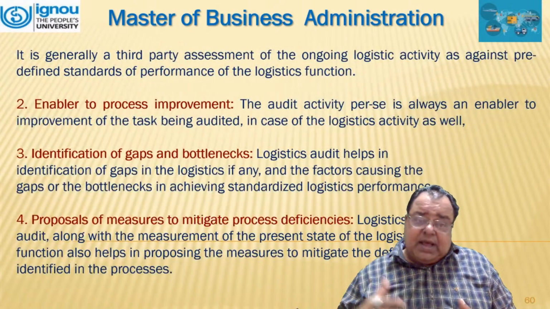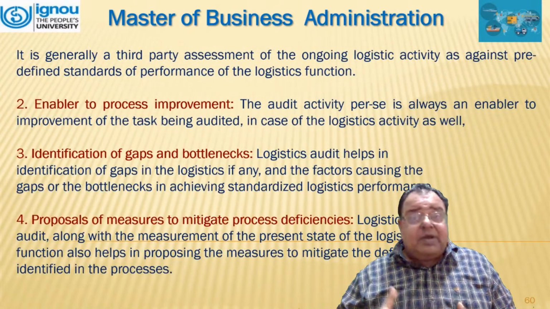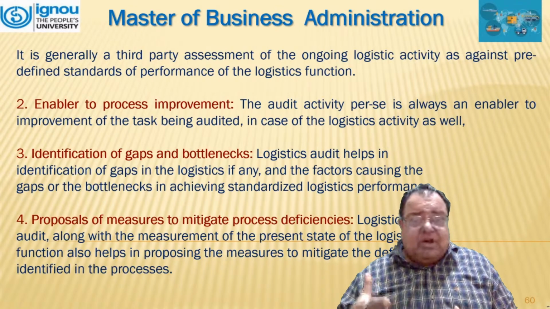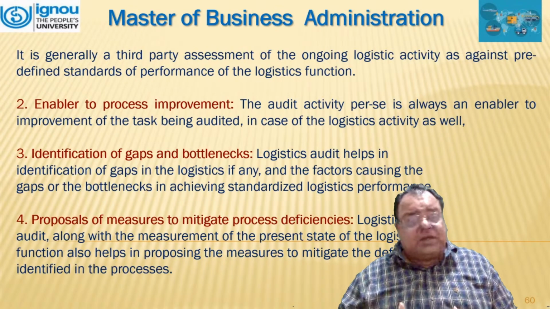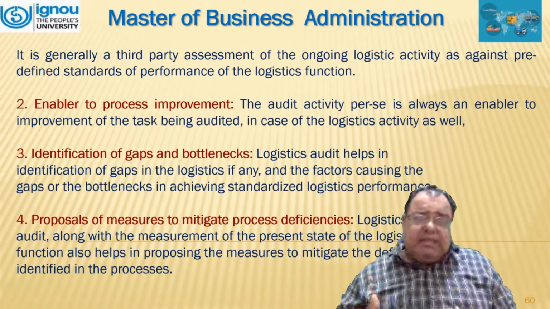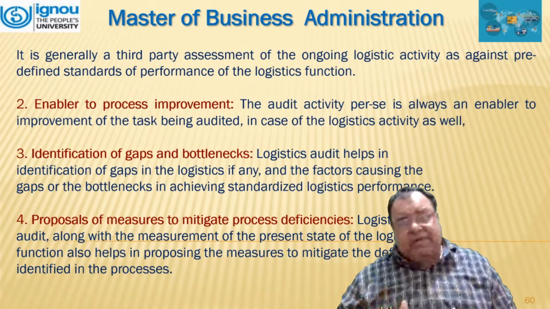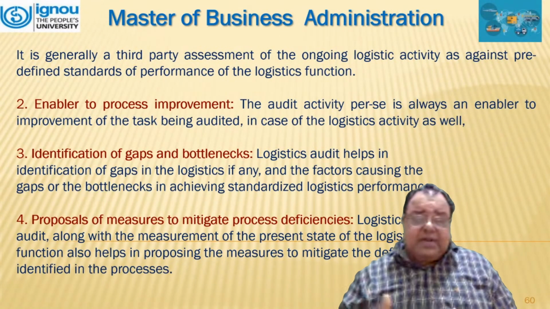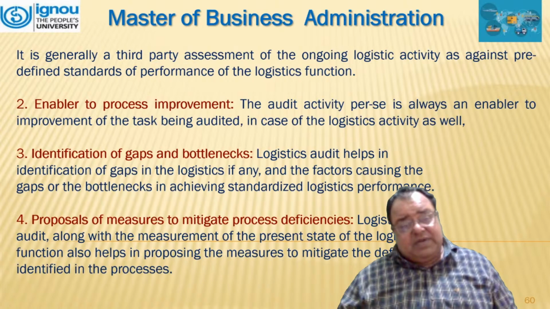It is generally a third-party assessment on the ongoing logistics activity as against predefined standards of performance of the logistic function. Secondly, it enables process improvement. The audit activity per se is always an enabler to improvement of the task being audited. In case of logistics activity as well.